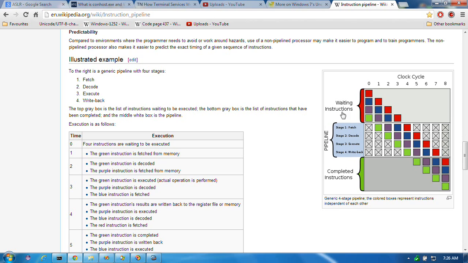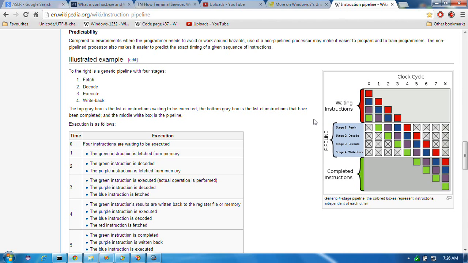Now, I always find these difficult to understand, but try to imagine. Time is this way, and this is showing us what the condition is of these four instructions at any given time. Now there's other stuff going on, but we're only examining these four.